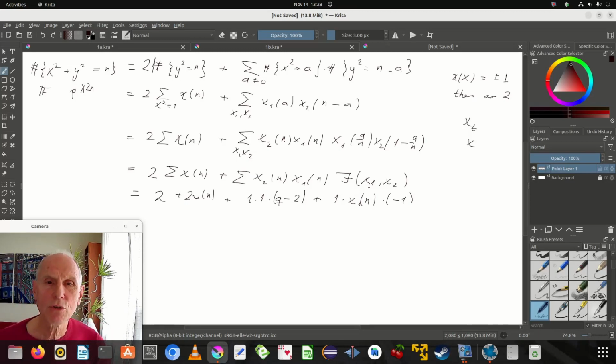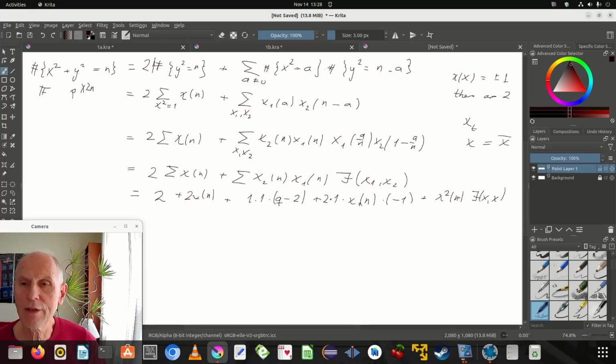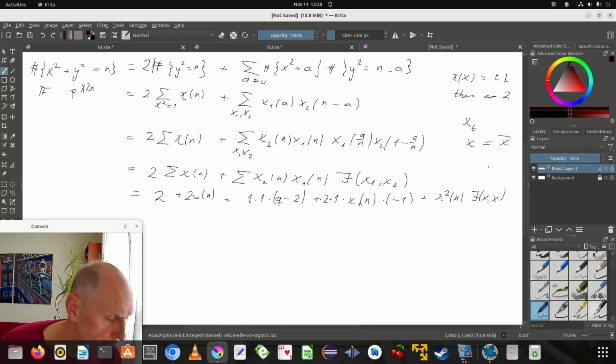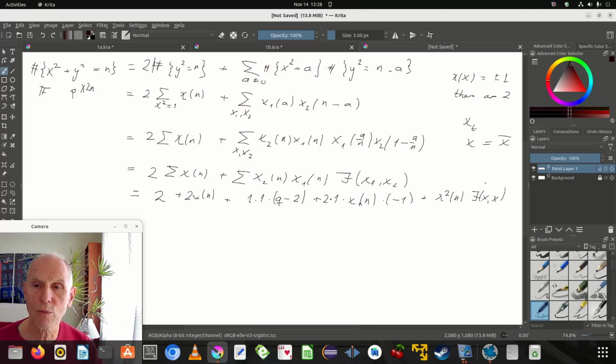And here we actually have 2, they come twice. It's a symmetric thing. And then we have the 2 non-trivial ones. That's chi squared of n, which of course gives unity, and J of chi, chi. Now chi equals its conjugate, so here we can use formula 1, but it's minus chi of minus 1.